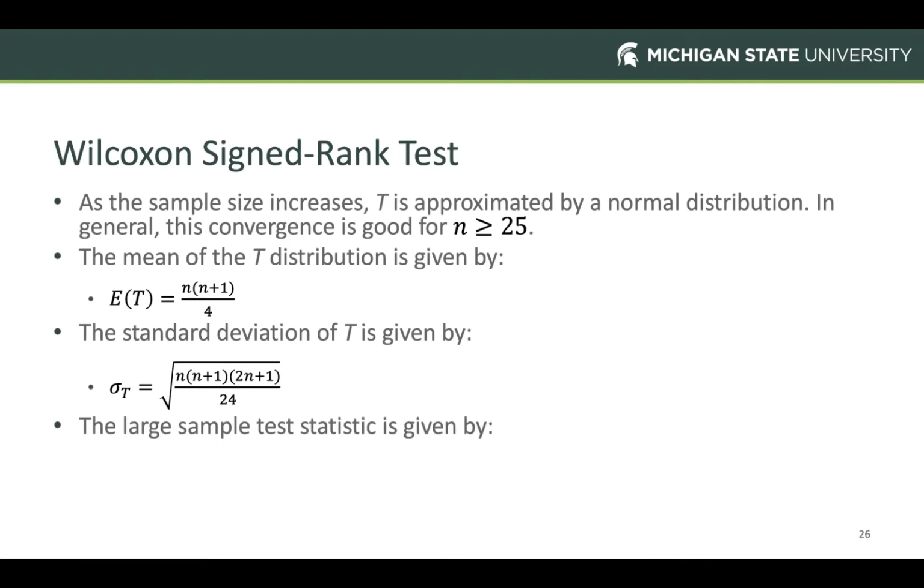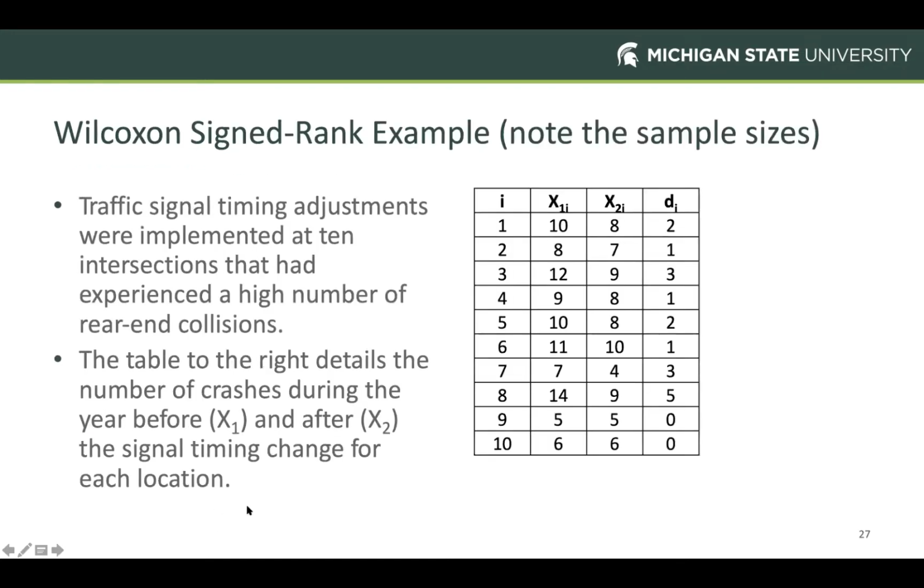And as you can probably guess where we're going here, that's going to then be distributed as a z-statistic, where we take t minus that mean expected value of t if the null were true, divided by sigma t. Okay? And so in this case, we're going to return yet again to our intersection data here. I have made a note here up at the top.